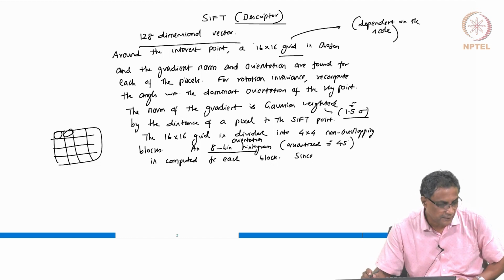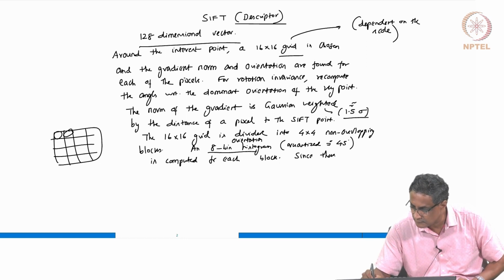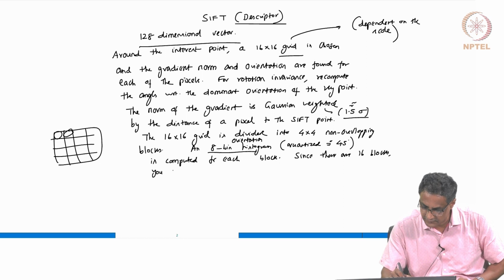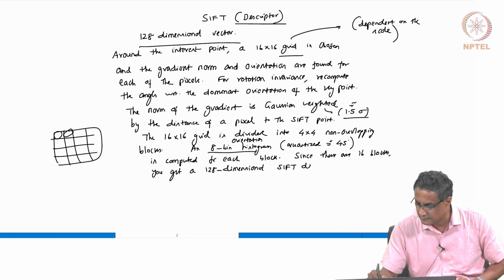Since there are 16 blocks, you get a 128 dimensional feature vector, or a descriptor, in this case the 128 dimensional SIFT descriptor.